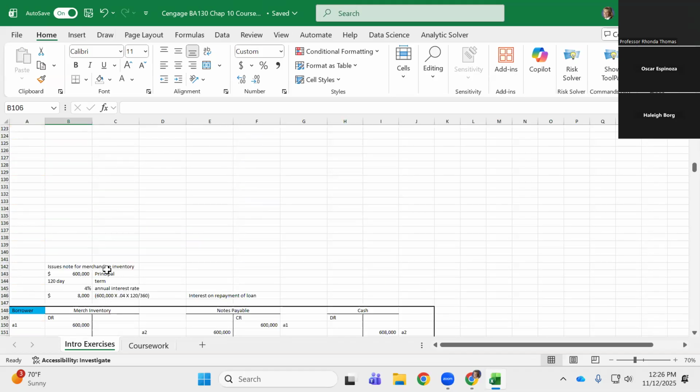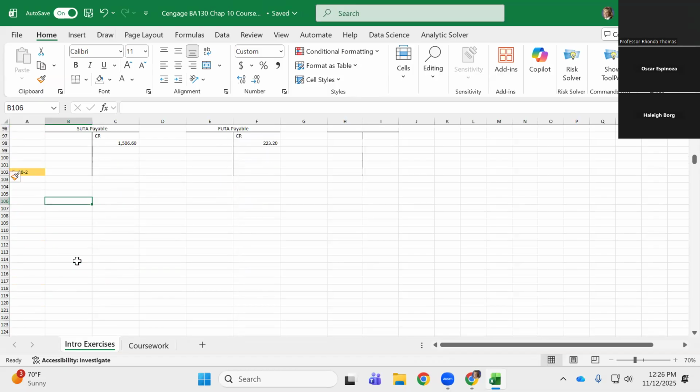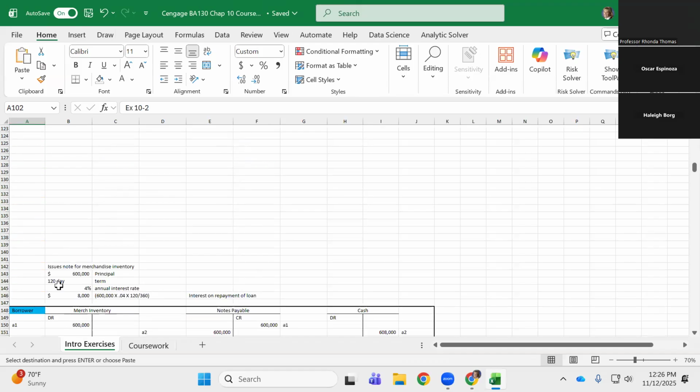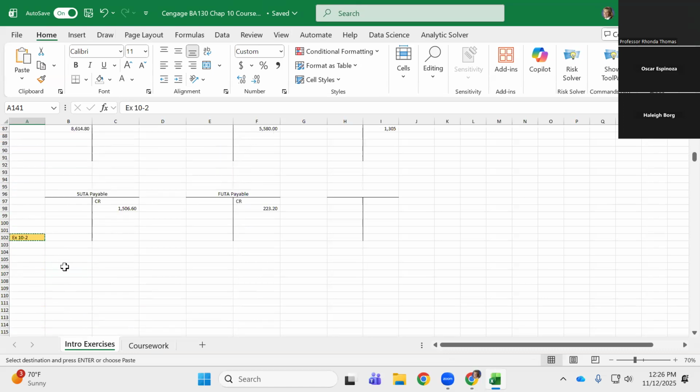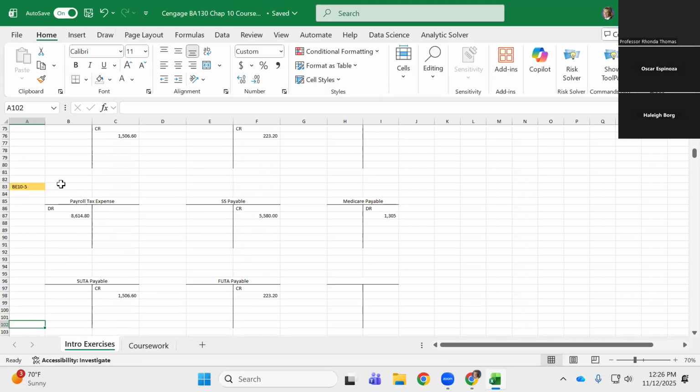Now I want some T accounts that go down here. All right, so vacation pay and pension.